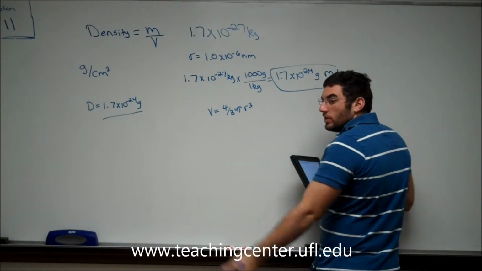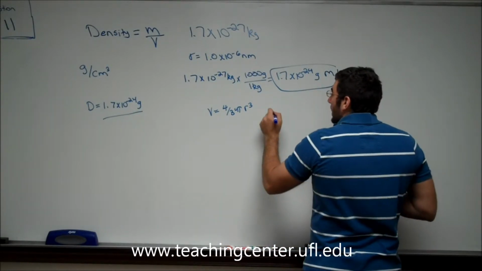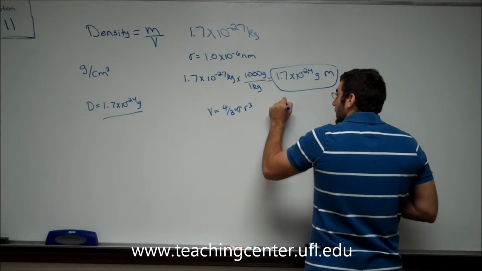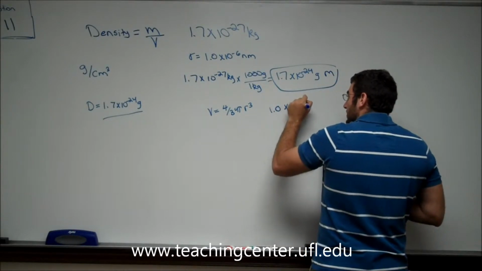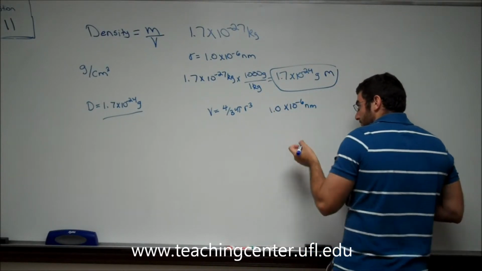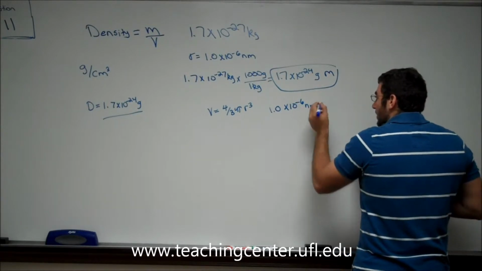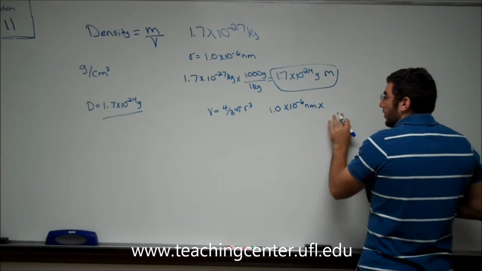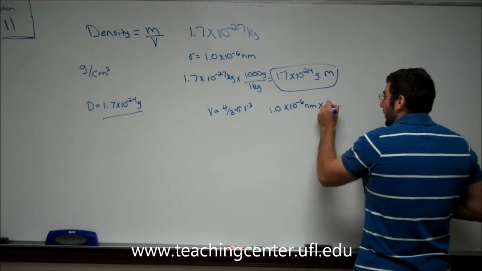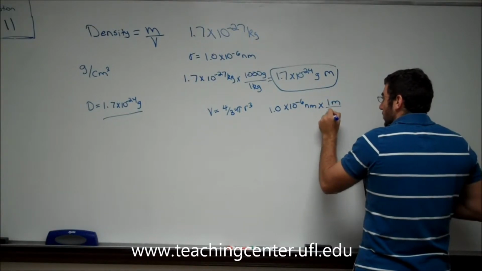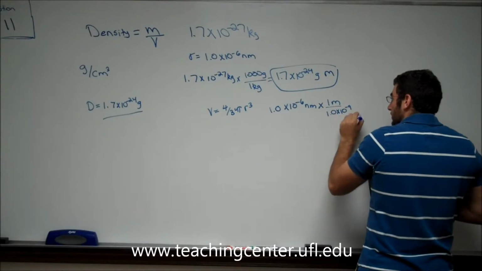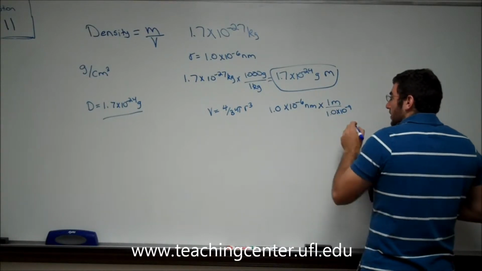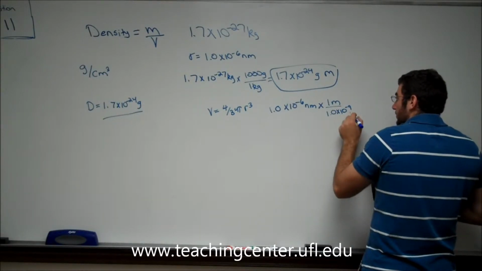So I'm going to go a little bit longer route and say 1.0 times 10 to the minus 6 nanometers times, well, I'm going to bring it back to meters now. So for every 1 meter, there's 1.0 times 10 to the minus 9 nanometers.